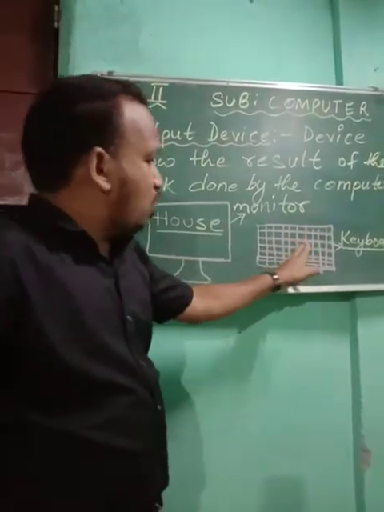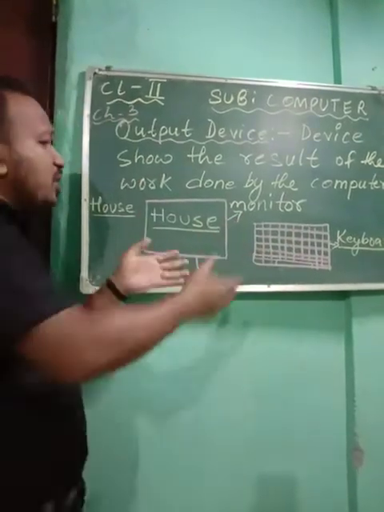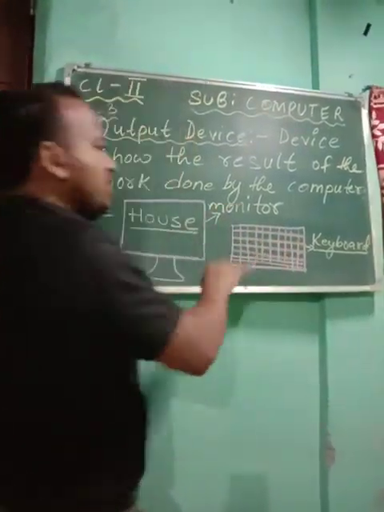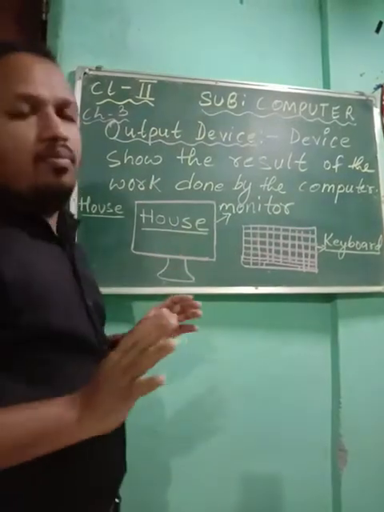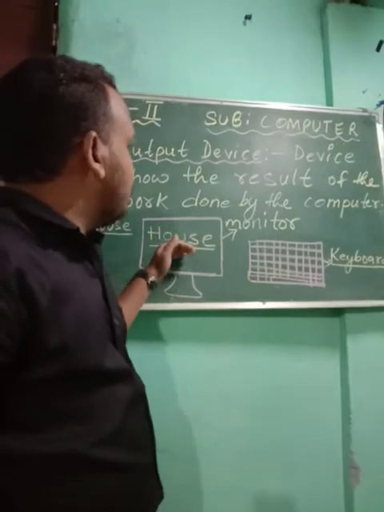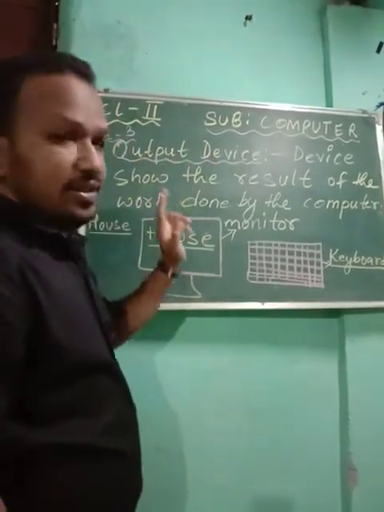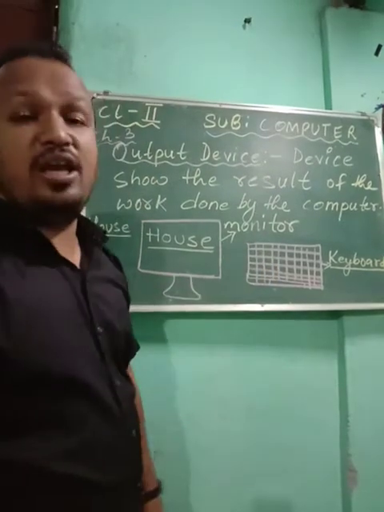You are entering data with the help of the keyboard, your input, and you can see what you typed, house, on the monitor screen. That is why the monitor is called the output device, and the keyboard is called the input device.